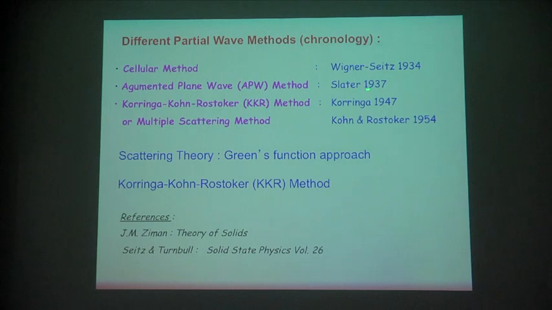Then in 1937, Slater gave a detailed procedure of what is known as the APW method. And then Korringa in 1947 and Walter Kohn and Rostoker in 1954 together developed the so-called multiple scattering method. It is also known as the KKR method.